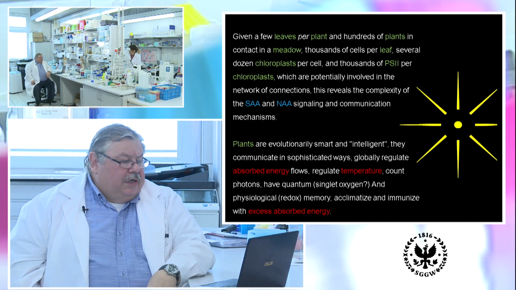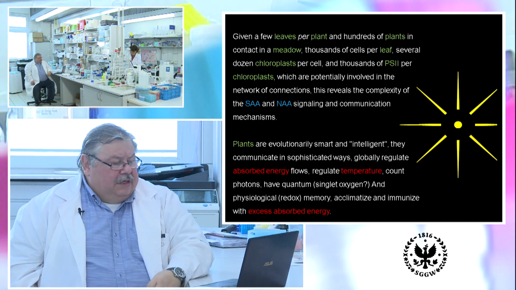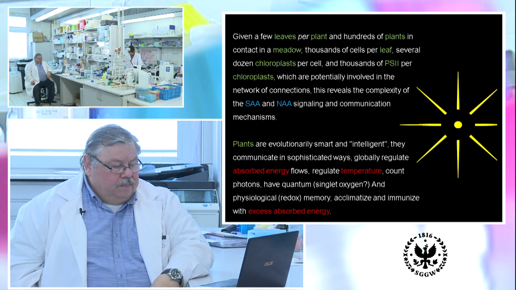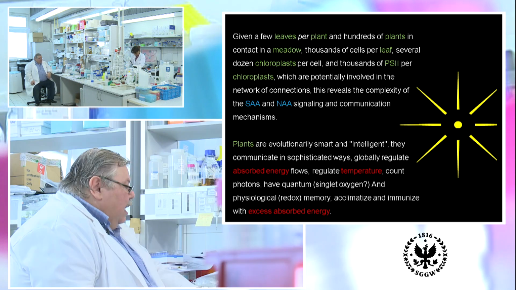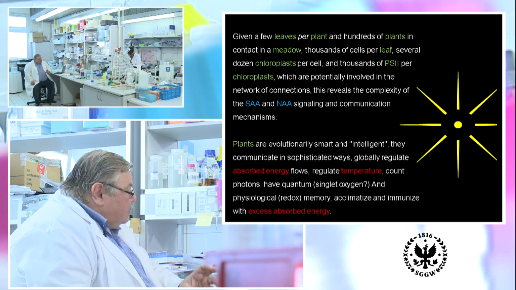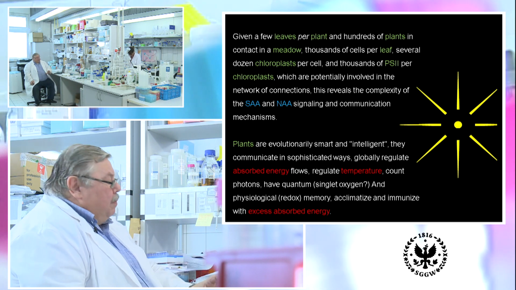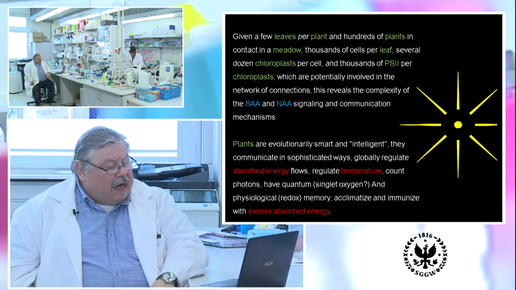And in conclusion, given a few leaves per plant and hundreds of plants in contact in a meadow, thousands of cells per leaf, several dozen chloroplasts per cell, and thousands of photosystem 2 per chloroplast, which are potentially involved in the network of connection, this reveals the complexity of the systemic acquired acclimation and network-acquired acclimation signaling and communication mechanism.